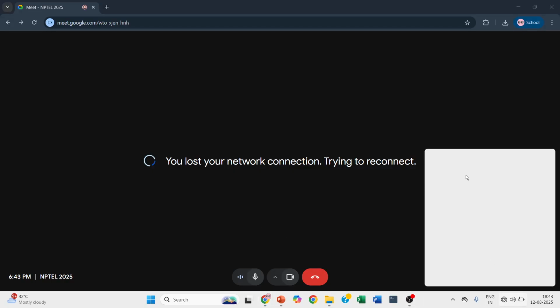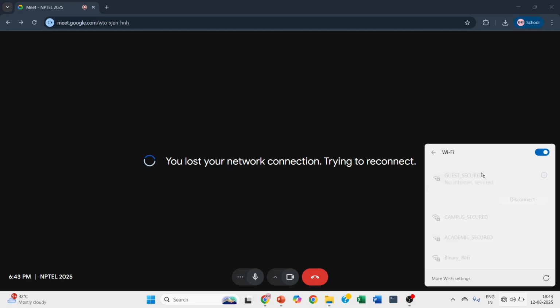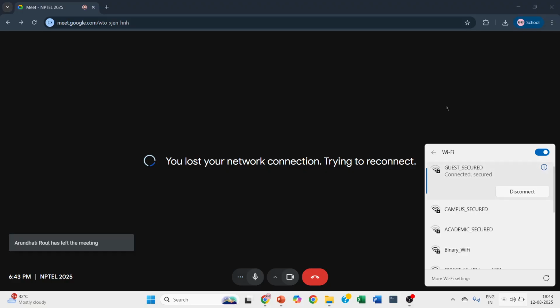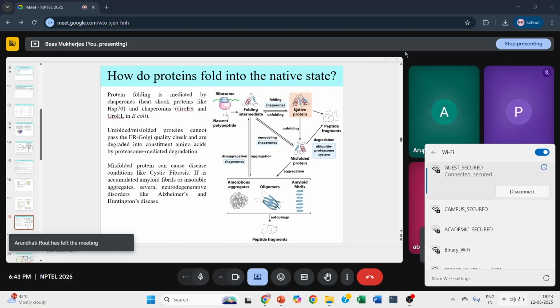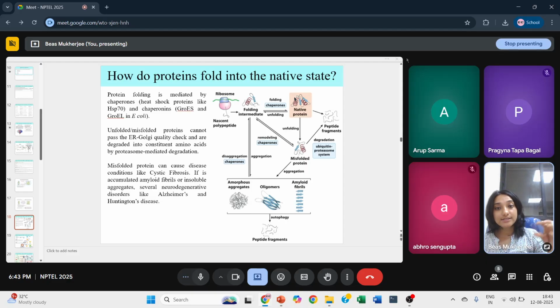Otherwise, these proteins will be labeled with ubiquitins and sent for proteasome mediated degradation, right?